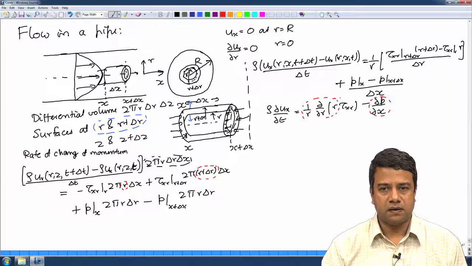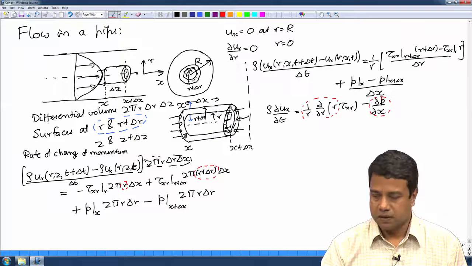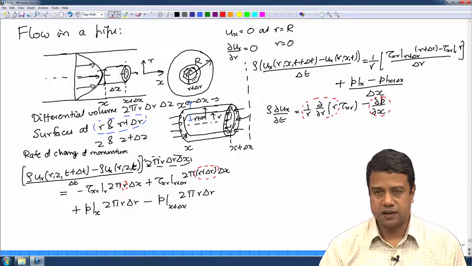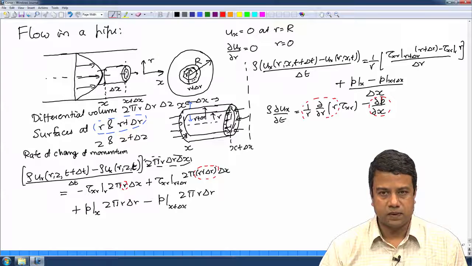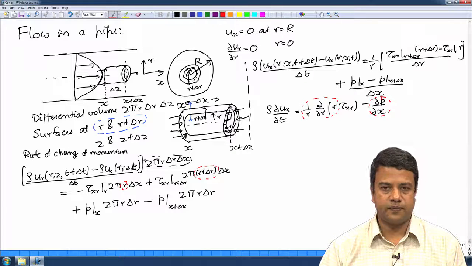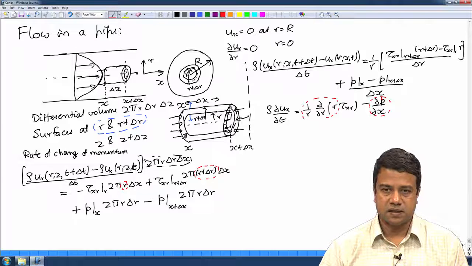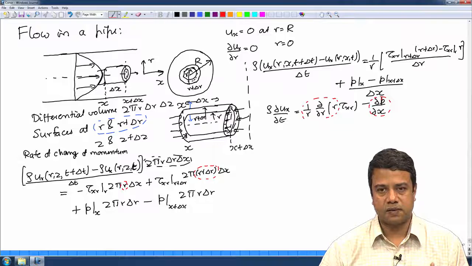If you recall, when we solved the same problem in a Cartesian coordinate system, what we had got was d square tau x z by d z square. In a cylindrical coordinate system, this operator is slightly different. The reason is that because you have curved surfaces, the surface area changes as the radius changes, and the total force is equal to the product of the stress times the surface area.